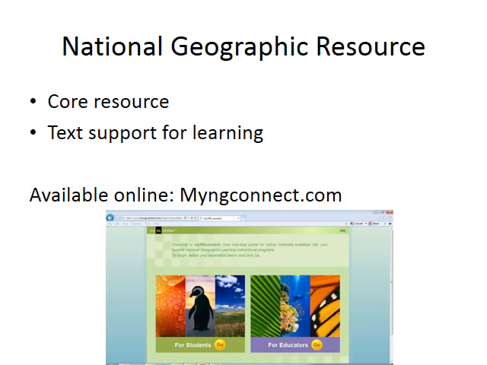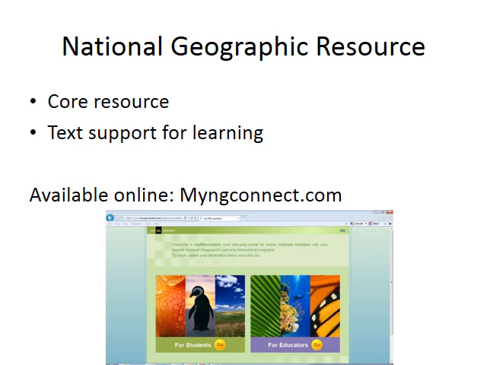In the science classroom, there is a core resource text, National Geographic, that students have access to both physically in the classroom and online. The National Geographic textbook is a resource that teachers use to help students connect their learning from hands-on to vocabulary, science concept, real-world images, and examples of the science they are currently learning about.